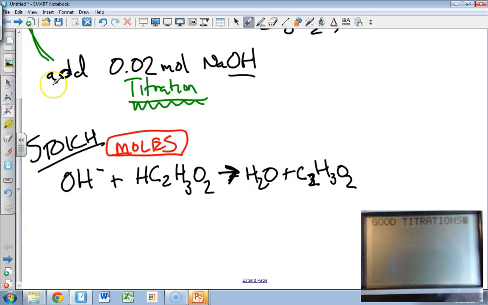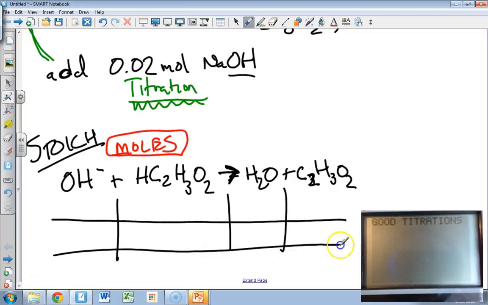Now, best part about this, you can still use an ICE chart because what we want to know is how much of everything is left. Hopefully this will also explain the chemistry of why a buffer doesn't allow the pH to change.